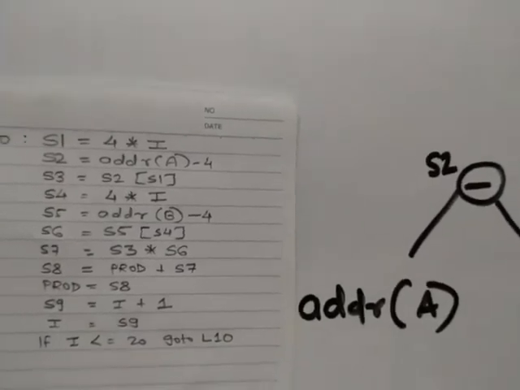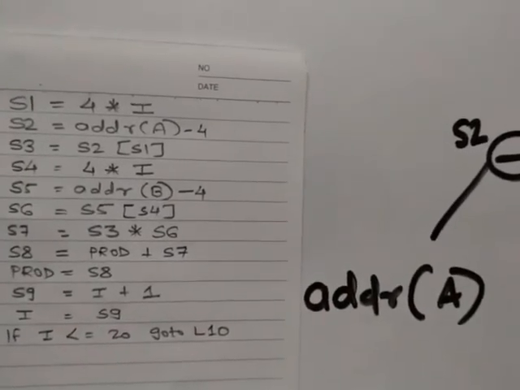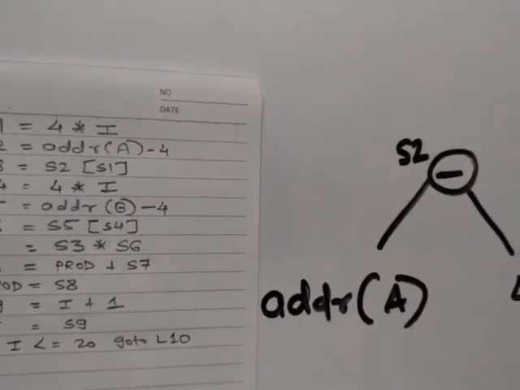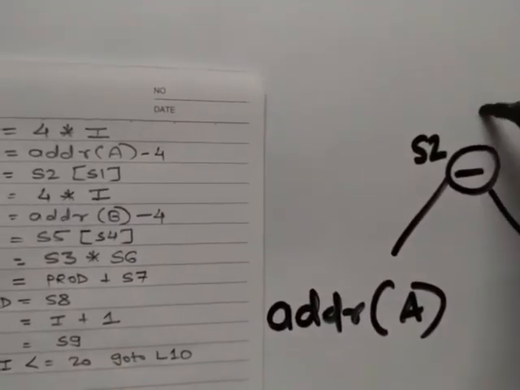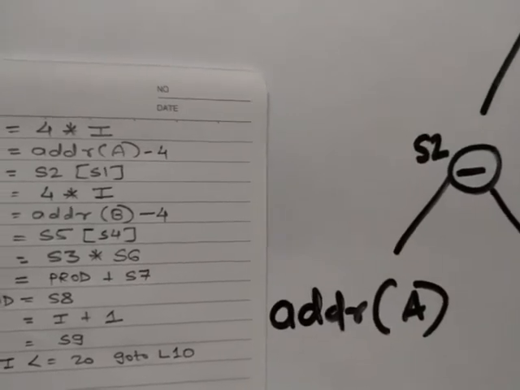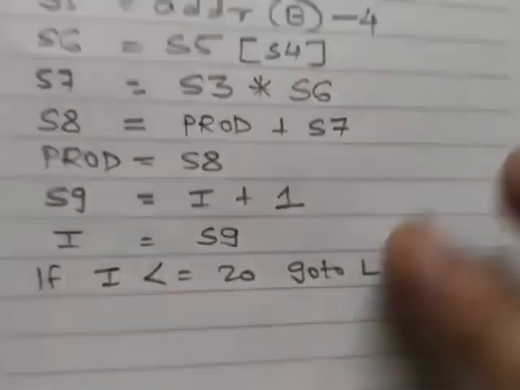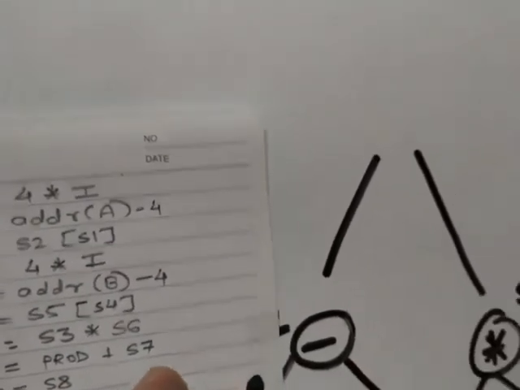Now S3. S3 is nothing but S2 of S1. So how can we represent this? Just create S2 and S1 connected together, and the notation that I can use to denote S2 of S1 will be like this.